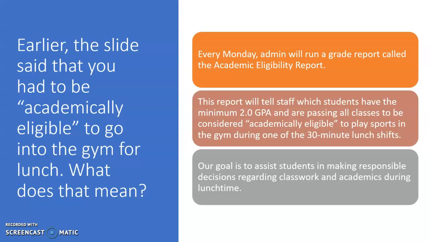Our whole goal here is to assist students in making responsible decisions during classwork and academics during lunchtime. Remember, 30 of our 60 minutes should be spent doing something positive, academic, or helpful in nature.